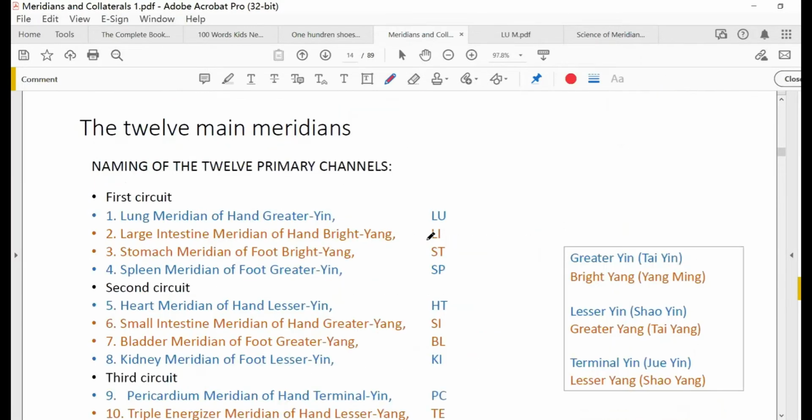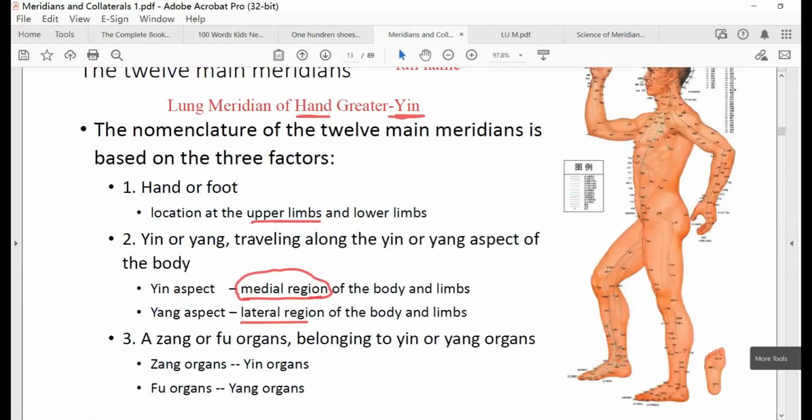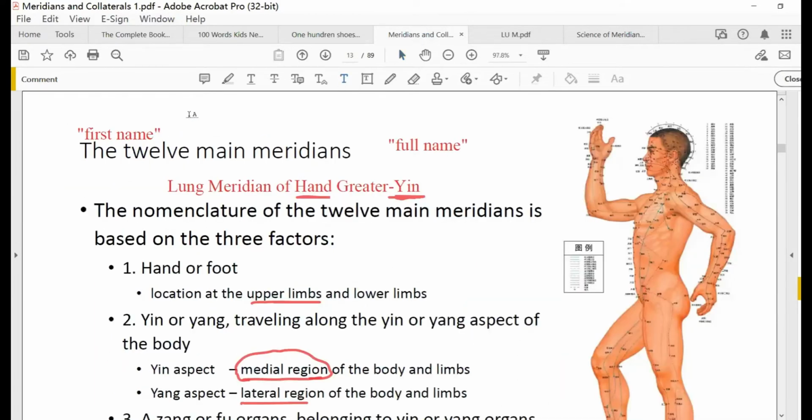Let's compare another one. Okay, take a look at this one.